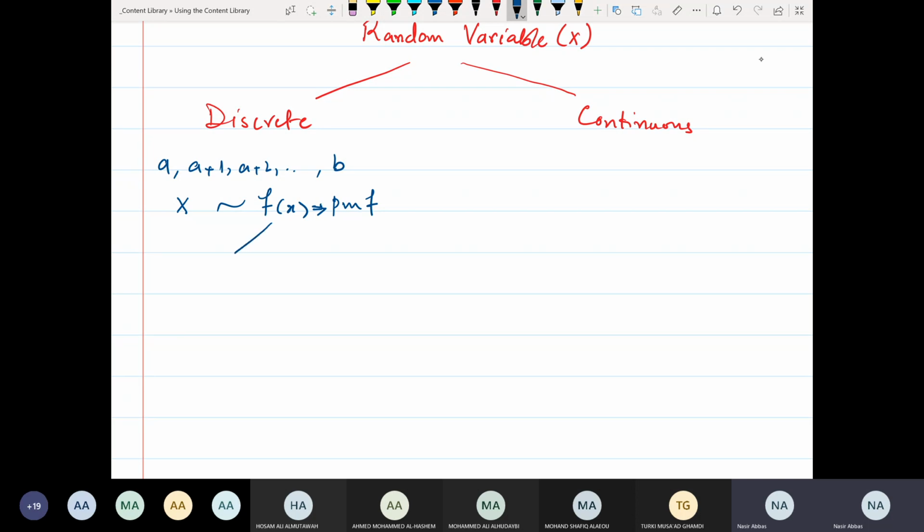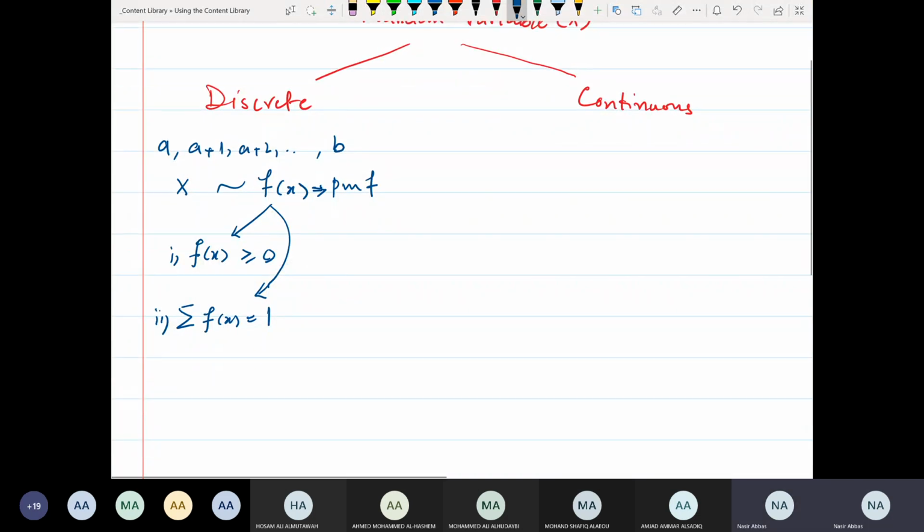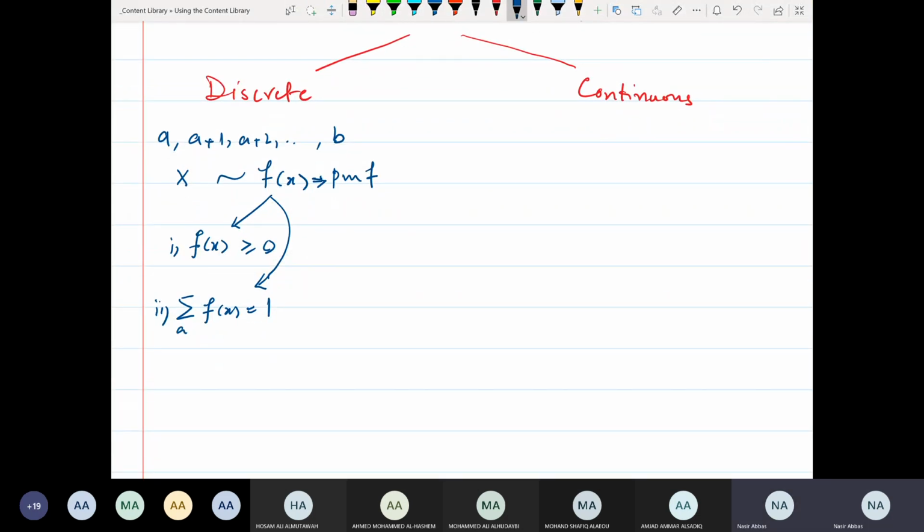That this is a non-negative function, and this is a function whose sum is 1 over the domain of X from A to B.